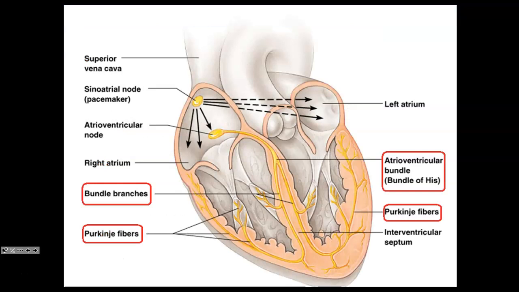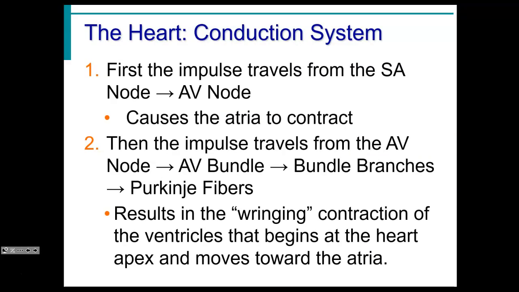Yeah. So here it is again, the same picture going through what I just explained. First, the impulse travels from the SA node to the AV node and causes the atria to contract. That impulse is causing the atria to contract and causes blood to go from the atria down to the ventricles. This is what I was talking about the other day: you have that sequence of how blood flows through the body, but it's not going through that whole thing.